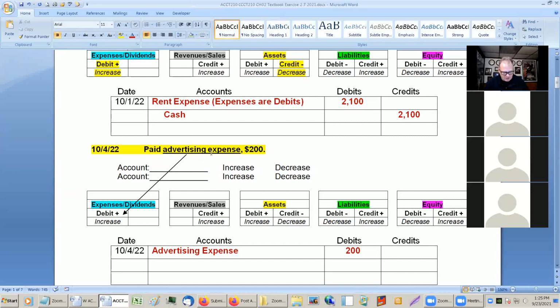Yep, so we paid with cash. It isn't that the other account doesn't mean anything, it does. It's just that we already know what it's going to be.